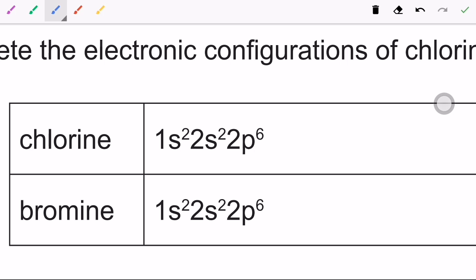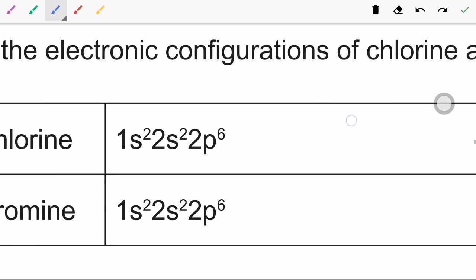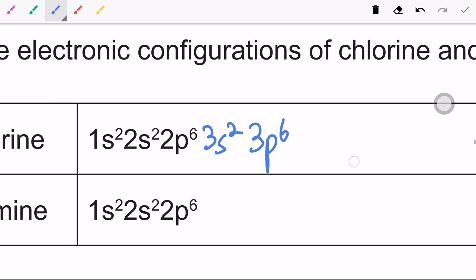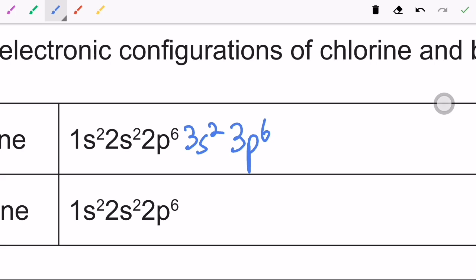Anyhow, chlorine has an atomic number of 17, which means that it has 2 and 6, right? That adds up to a total of 10. Means there's 7 electrons still waiting to be sorted out. So 3s2, 3p6. So that gives you 2 plus 2 plus 6, 18 electrons.